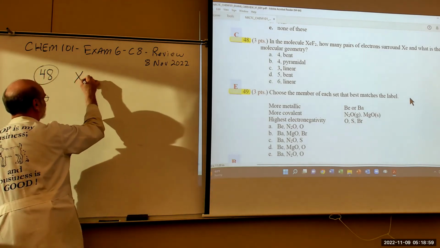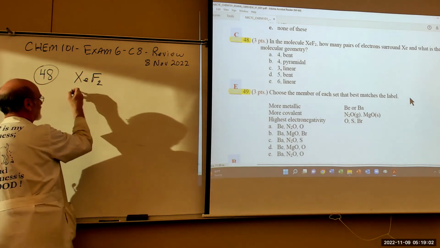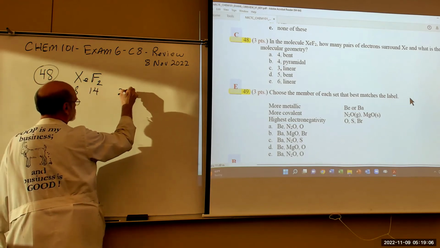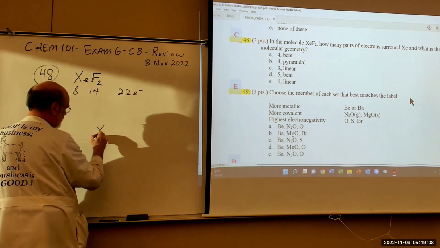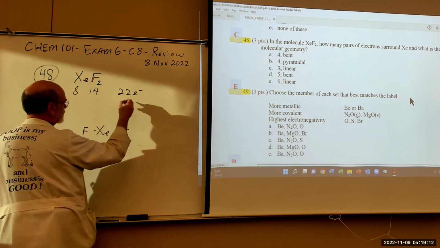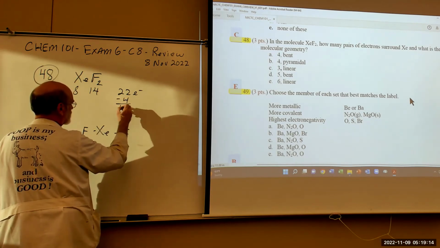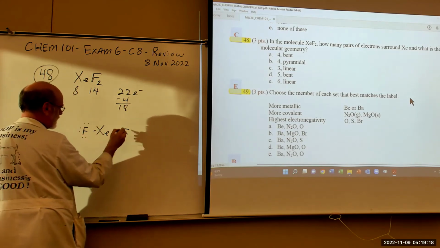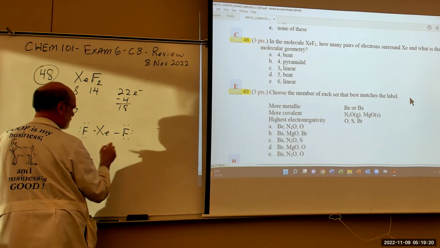Okay. That's 8. These 2 are 14, which is 22 electrons. Xenon, then fluorine, and fluorine, minus 4, which is 18. And 2, 4, 6, 8, 10, 12.